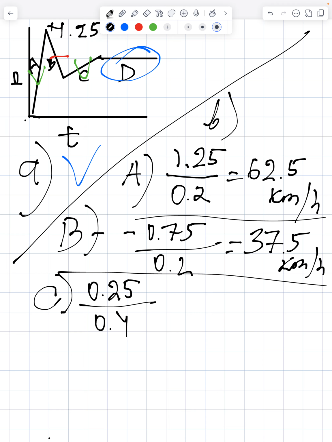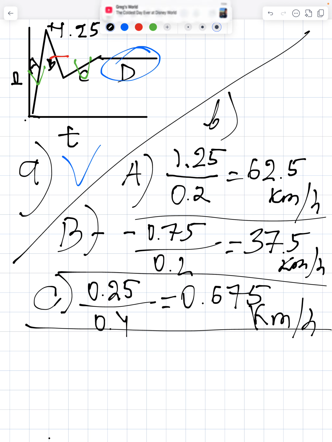And we're gonna get 0.675 kilometers per hour. So this is gonna be segment C's average velocity.